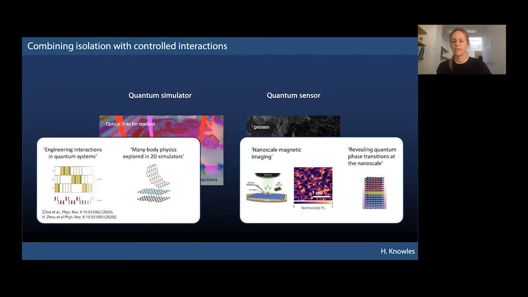And because this is such high spatial resolution, really on the nanoscale, we can start to see these kinds of phase transitions, where the material starts behaving in completely different ways depending on the external parameters on the nanoscale, which is really key to some of these new phenomena that are predicted in novel materials.